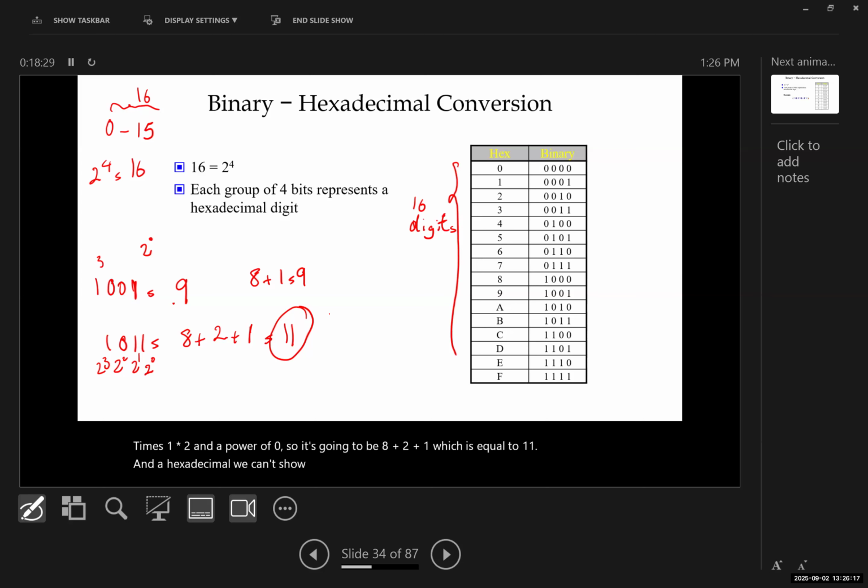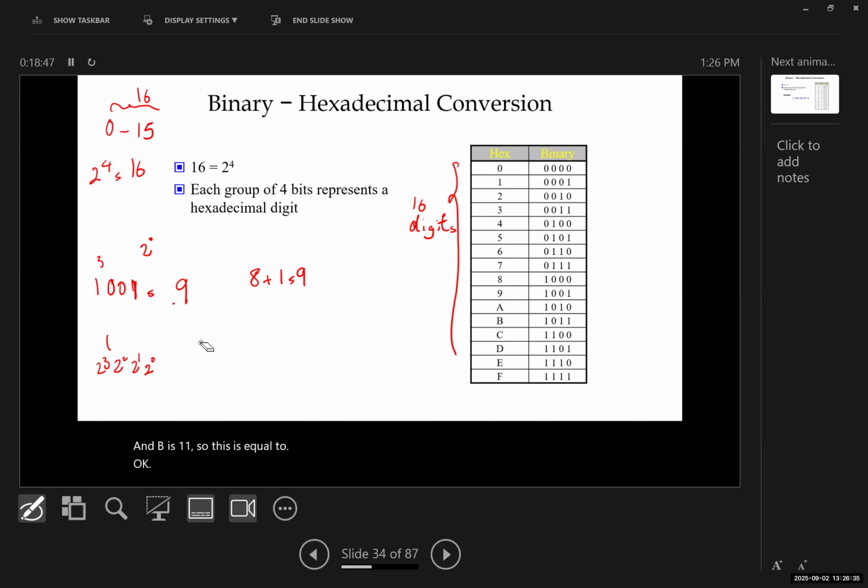We show it with what? A is 10 and B is 11. So this is equal to B. And you have it over here, B. I think, yeah, it's this one that I marked with red.